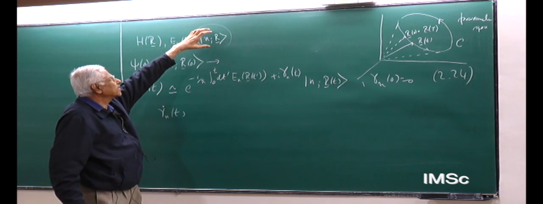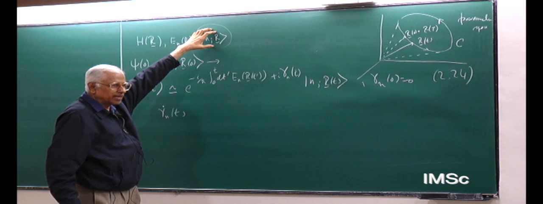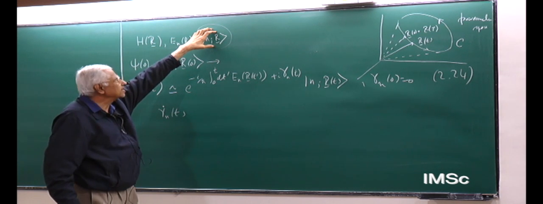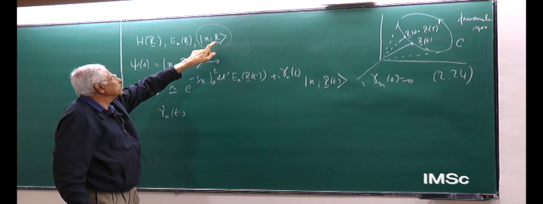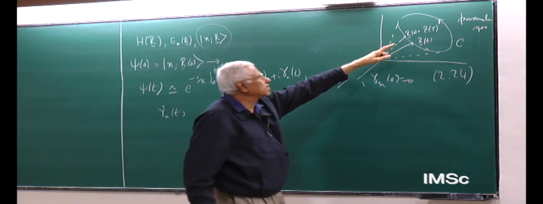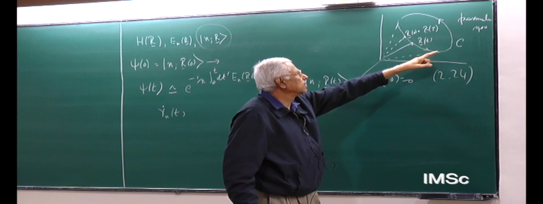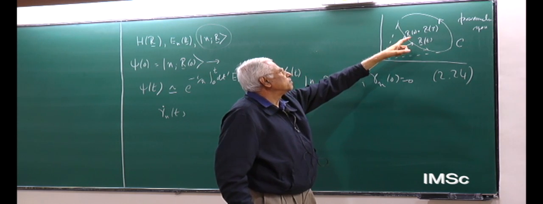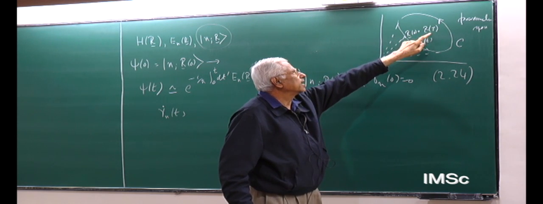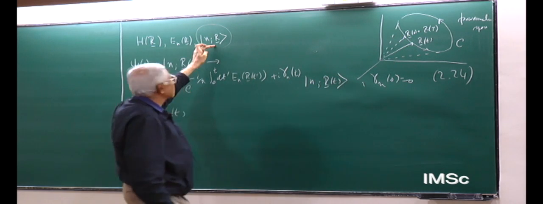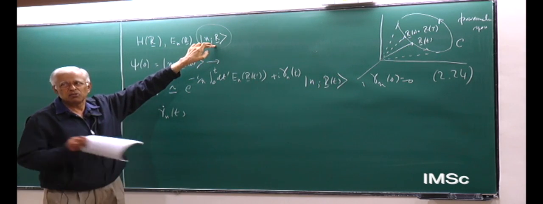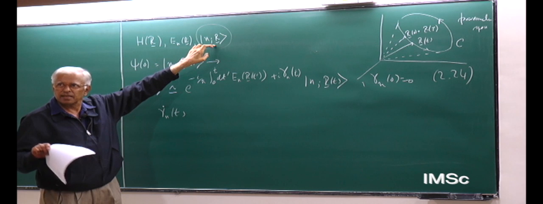The statement that this is globally well defined leads to the consequence that if you imagine the capital R running over this loop from time 0 all the way to time t, because the parameters end up with the same values as at the beginning, this vector is also the same as at the beginning, no extra phase, correct?